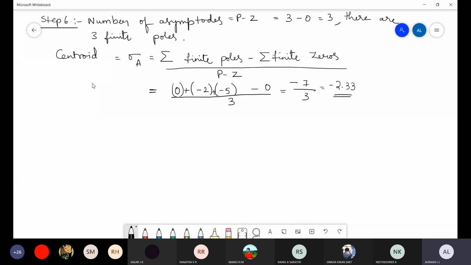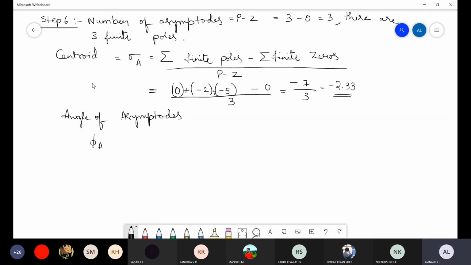Now after finding the number of asymptotes as well as the centroid, we need to calculate the angle of asymptotes.